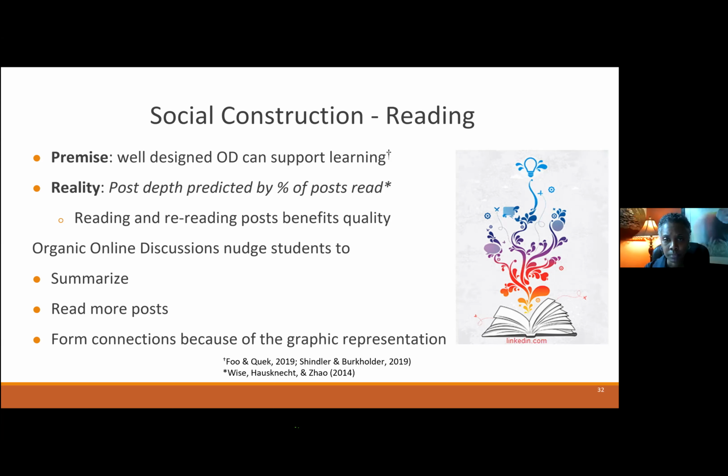Reading and rereading posts benefits the quality of the post, and the organic online discussion model really nudges students to read other posts in order not to repeat information. They have to at least summarize or comment on them, so they have to read them well enough to do that. So they're reading more posts, and maybe the graphic representation also helps, but definitely some further research will be needed to better understand. But it looks like they're increasing their level of intellectual engagement.